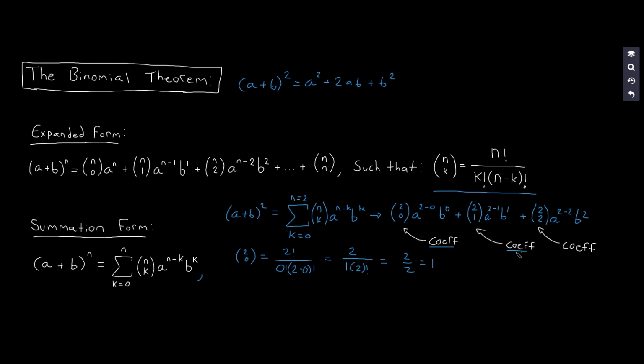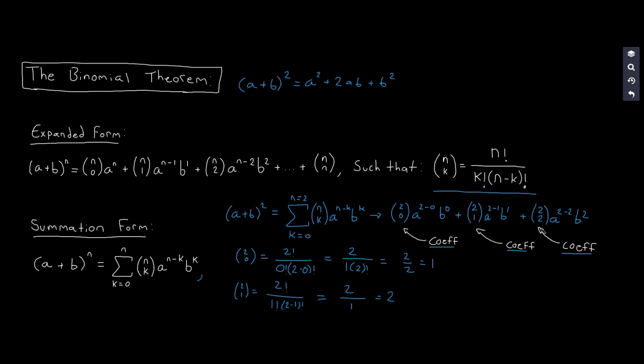Now let's work on this coefficient, 2 choose 1. 2 choose 1 is going to be 2 factorial over 1 factorial times (2 minus 1) factorial. 2 factorial is 2. 1 factorial is 1, and 2 minus 1 factorial is going to be 1. So on the bottom it's 1 times 1, and it's going to be 2 over 1, which equals 2.